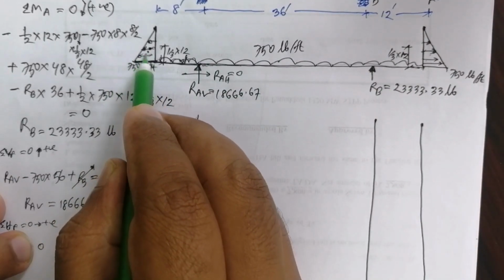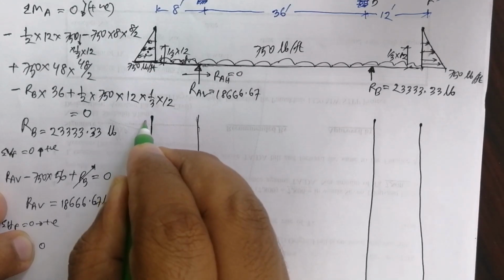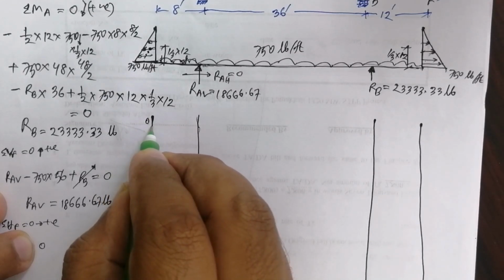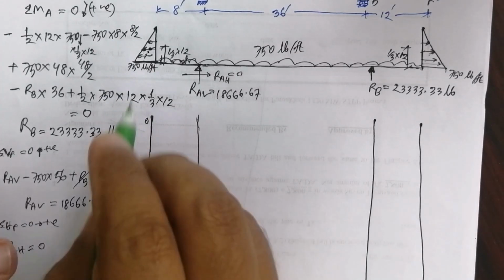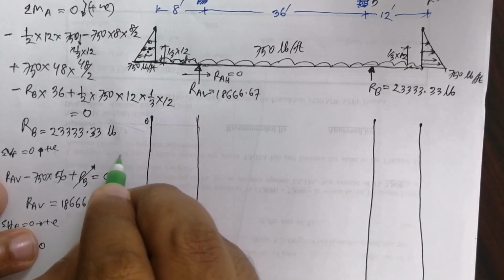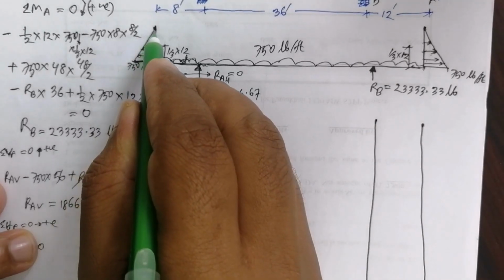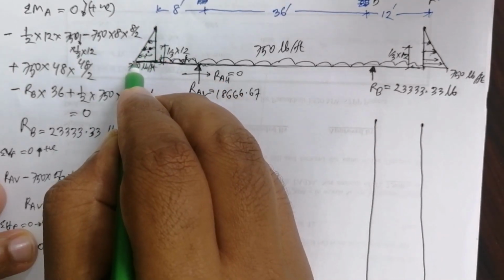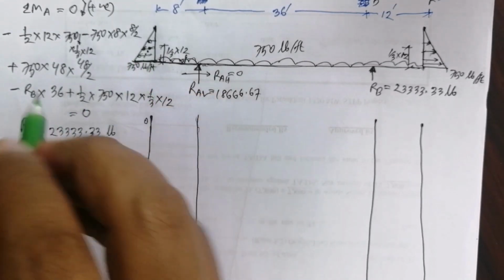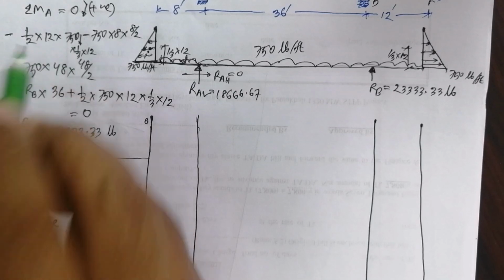So first we can calculate this part. This part is here 0, so it is like a cantilever, in this direction. Here is 0 and here is the force, which is this, half of 12 and 750.